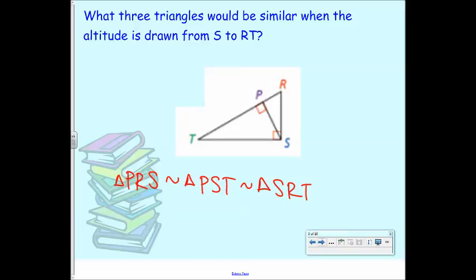So if I made this RSP, then what would happen to this one? STP, good. And then this one? RTS, because I'm going this, then this, then this.